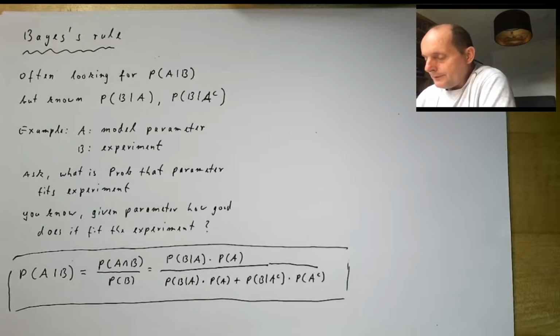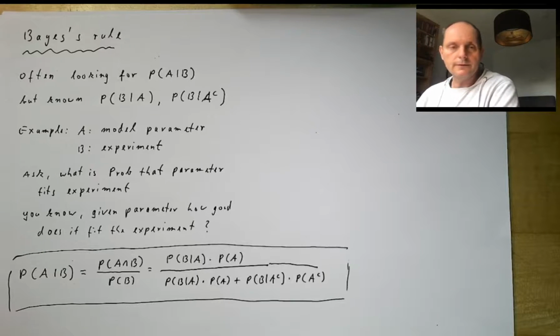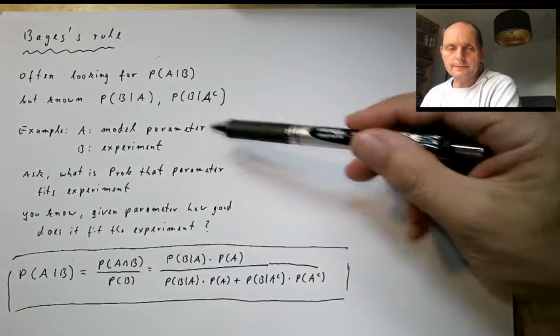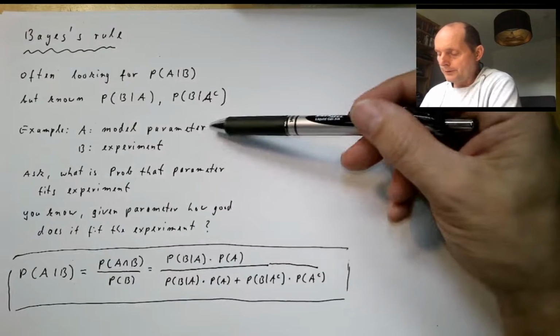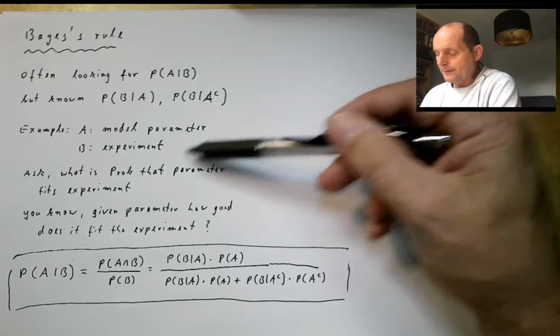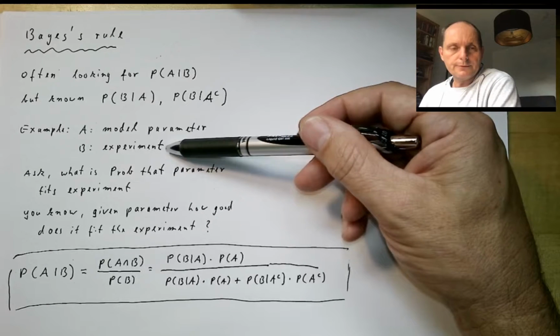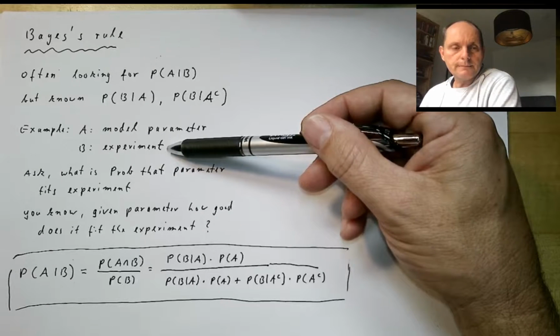There are many applications of this question in the modeling context. A typical example is that A corresponds to our model parameters and B corresponds to the results of an experiment.